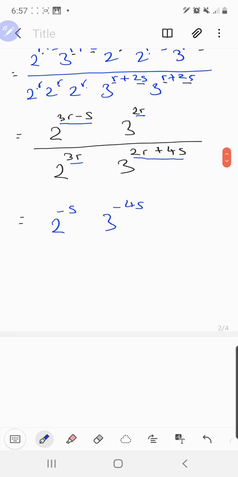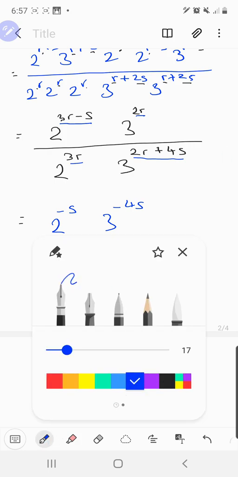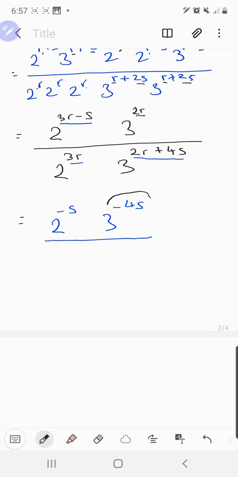Go back to our expression. If this is going to be an integer, we need the powers to be positive, because if the powers were negative, then what happens? We would get a fraction. So for example, if it was, say, 2 to the power minus 3, this would be 1 over 8.